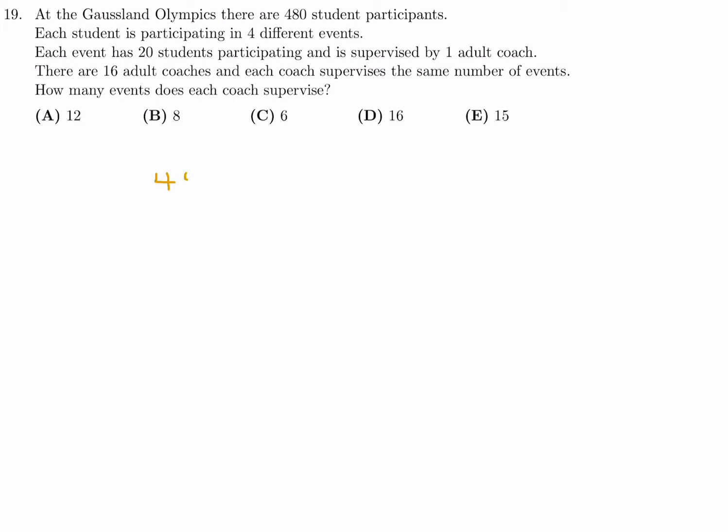There are 480 students, and each of them participates in 4 events. So that means there are 1,920 students in all the events. Now, there's 480 students, but a lot of these are counted 4 times.